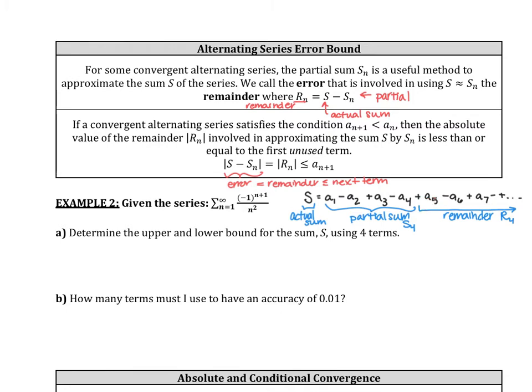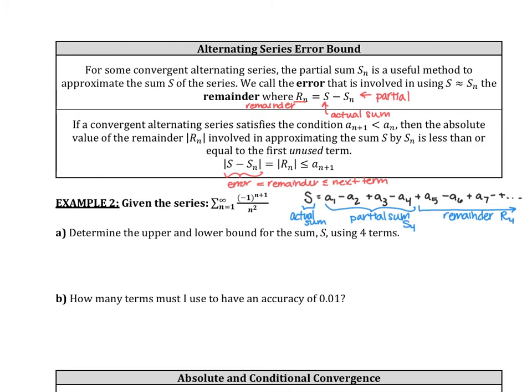If I add this and I take away the next term, it's decreasing, so it's still not quite as big as a sub 5. So I'm taking it away, which gives me still a positive number. But if I add back a sub 7, it's a little bit less than a sub 6, but it does make the value of this whole thing more positive. And then the next term, we take away a little bit less, but the value is still positive and we just keep going. At no time will these numbers add to be more than a sub 5, the next term.